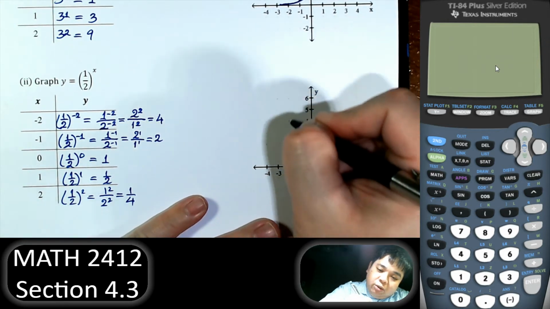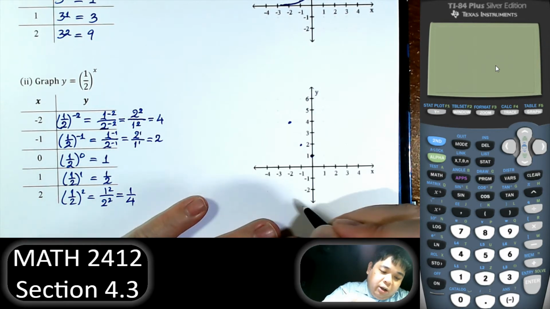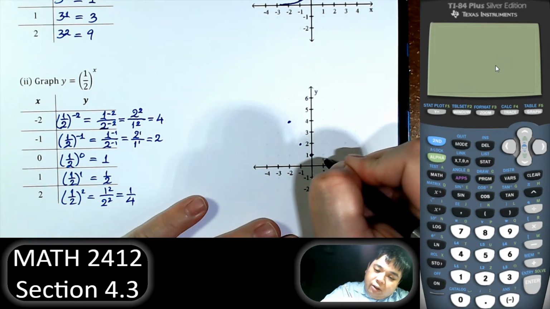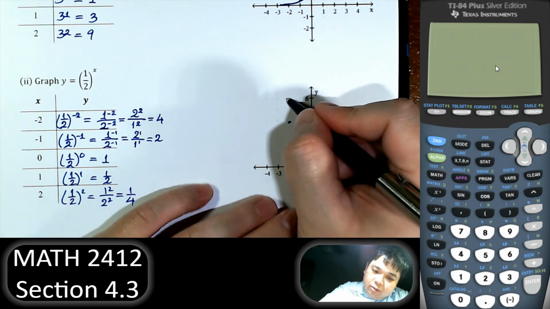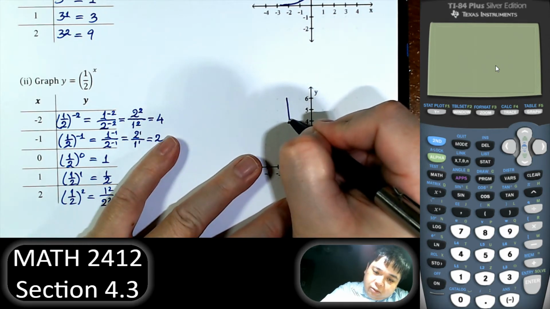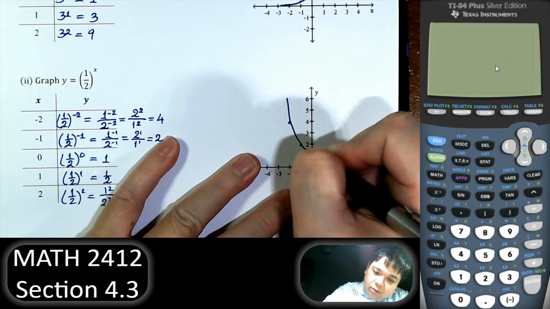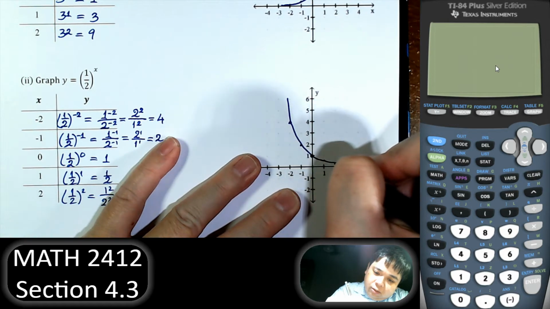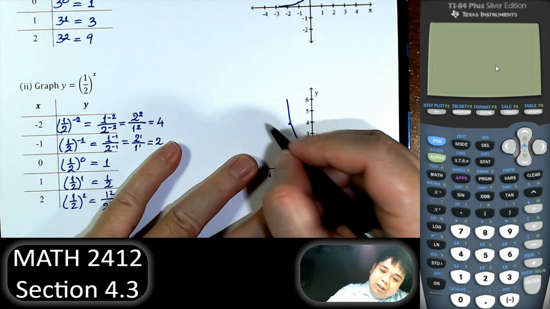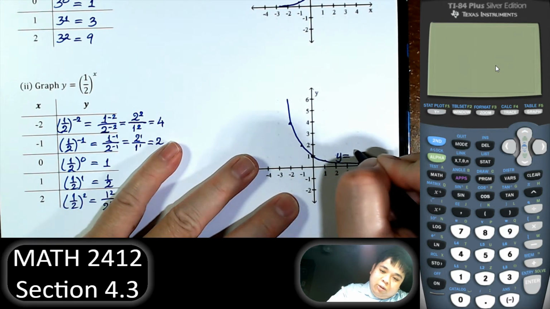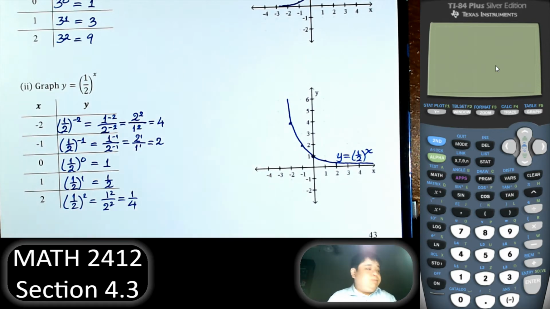Negative 2 is 4. 1 is 1/2. 2 is 1/4. So that is the function y equal to 1/2 to the x power.